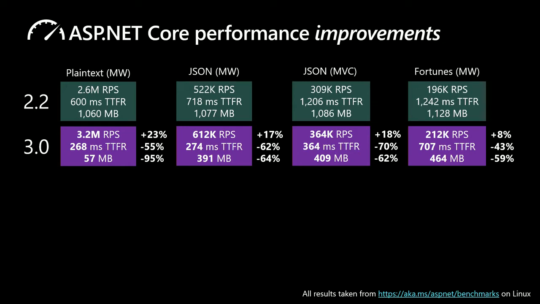For time to first request, that's TTFR, that's basically how long it takes your app to respond to the first request, lots of great improvements across the board, 55%, 62%. And then amazing improvements in memory working set in 3.0: 95% less memory usage on the plain text benchmark.